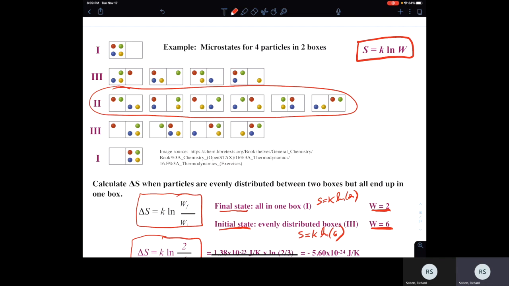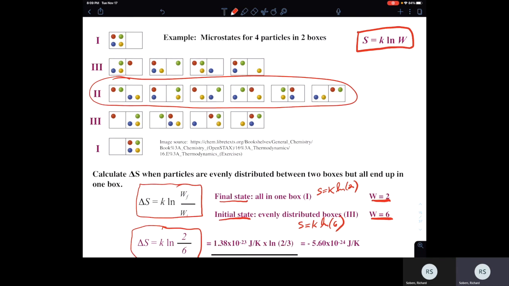So we are going from this state 1, which is very concentrated energy, if you will, energy of the particles. So it's going to be low entropy. This is more dispersed.